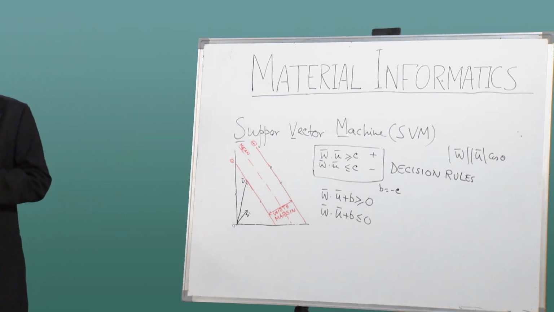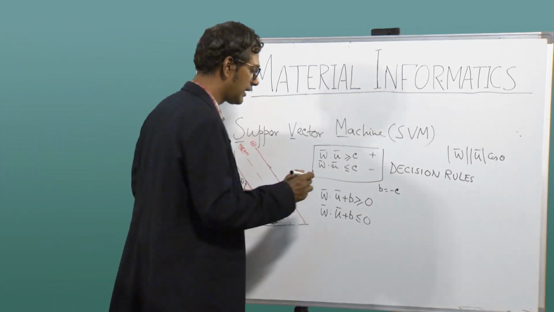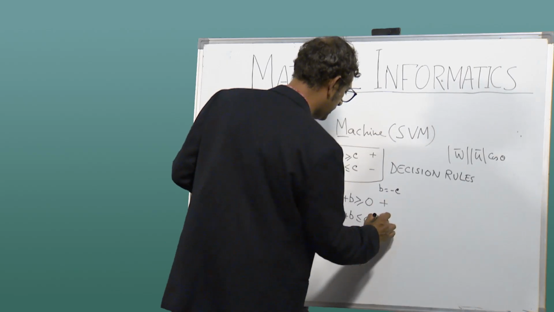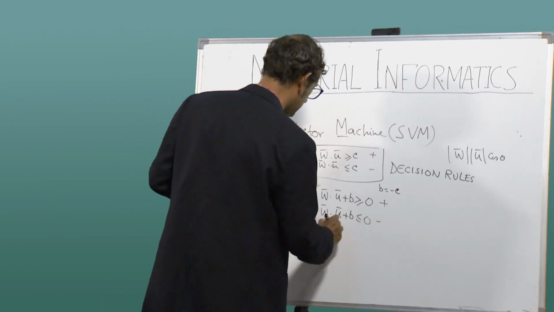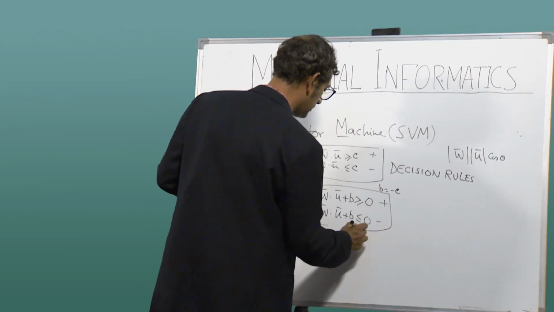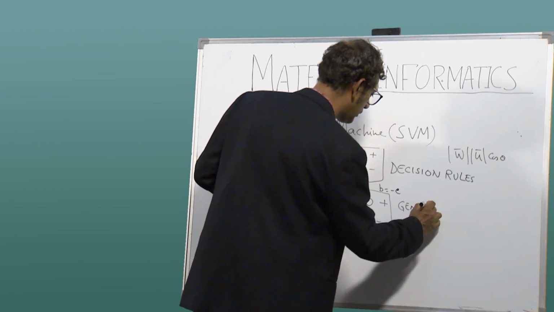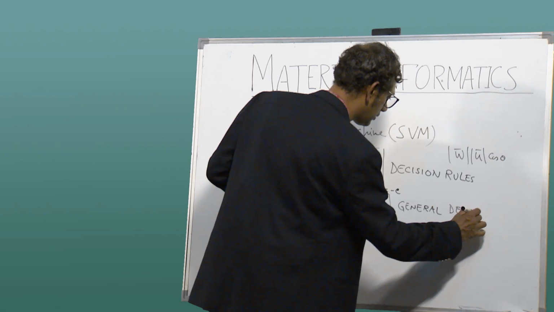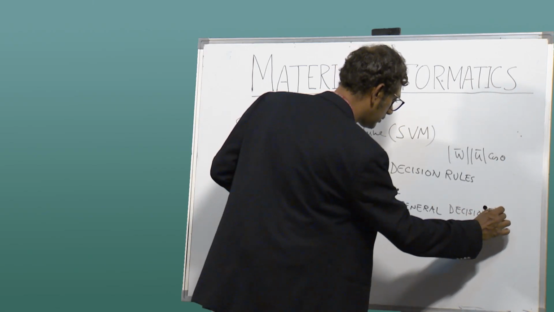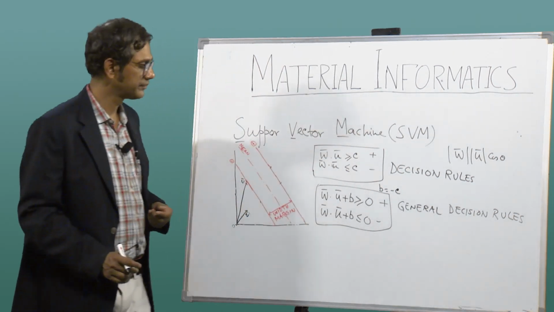In general, we can write that this is positive, this is negative. So, this is the general decision rule, or decision rules actually, these two.